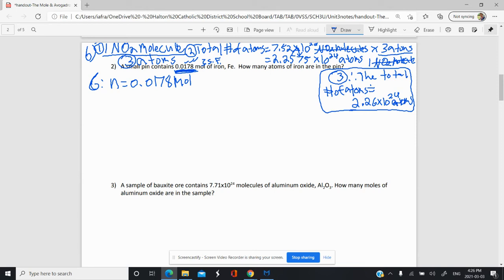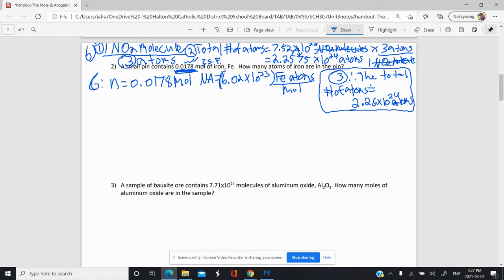And then we also have, don't forget, Avogadro's number, which is 6.02 times 10 to the power of 23. I usually put it in brackets because I like putting my scientific notation in brackets. And that's going to be Fe atoms or particles per mole.